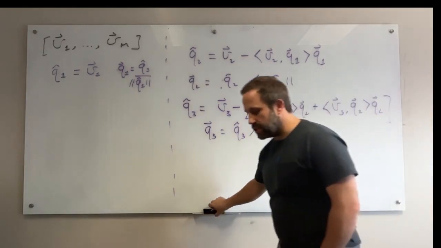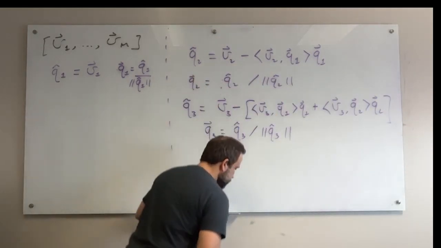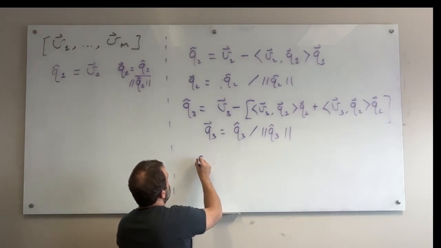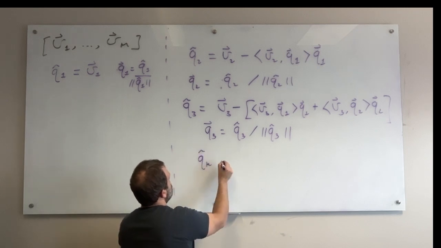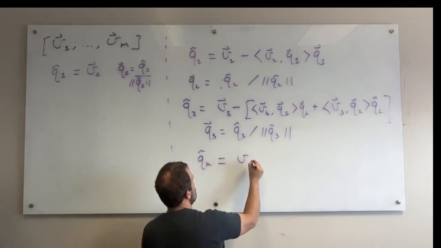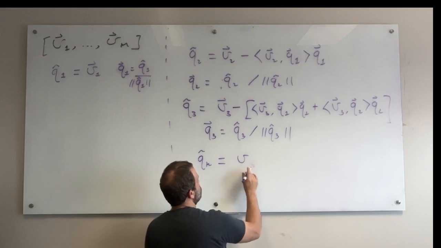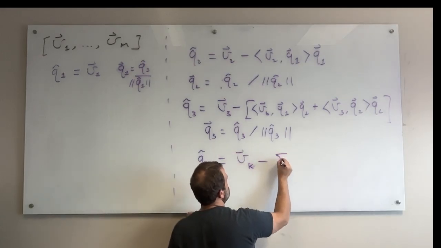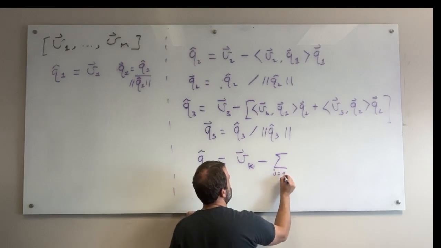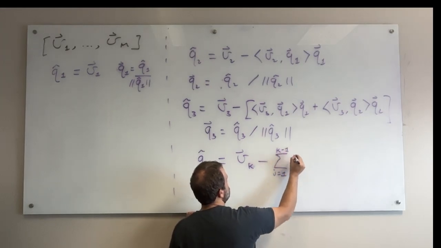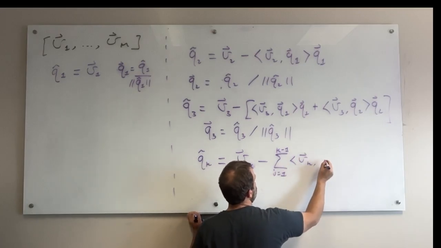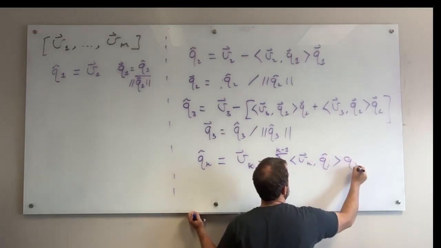Okay, so now maybe we can see in general what's going to happen. I'm going to kneel just so you can see the board and so I can write clearly. In general, qk hat is going to be equal to not v3 but vk minus the sum from j equals 1 to k minus 1 of the projection of vk onto qj, like this.